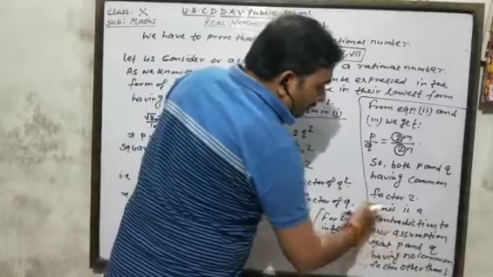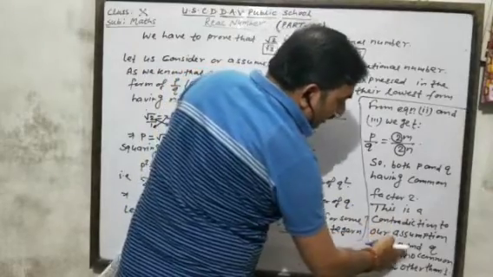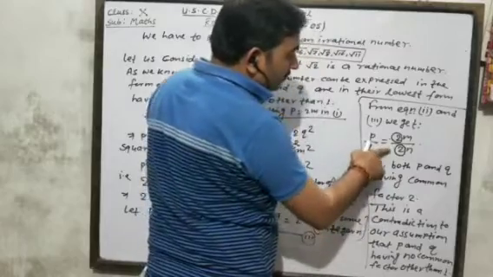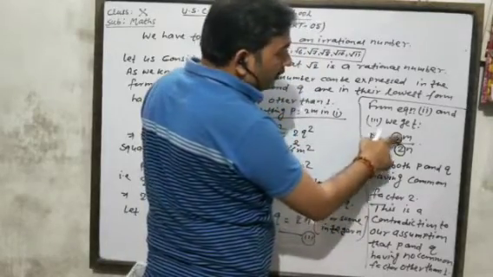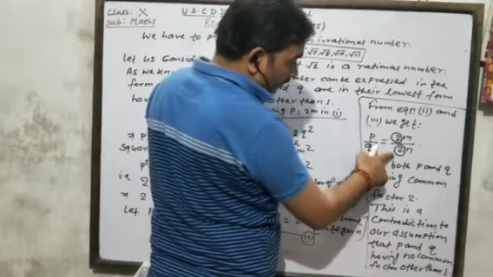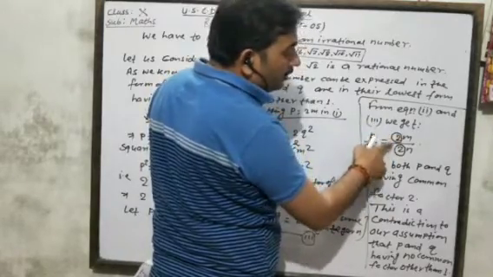As we have assumed that p and q have no common factor other than 1, but here we can see that both p and q have common factor 2, which is other than 1.